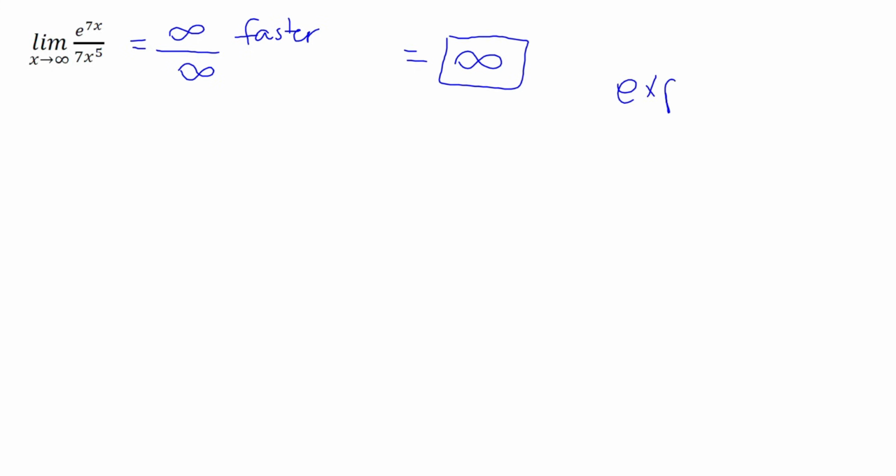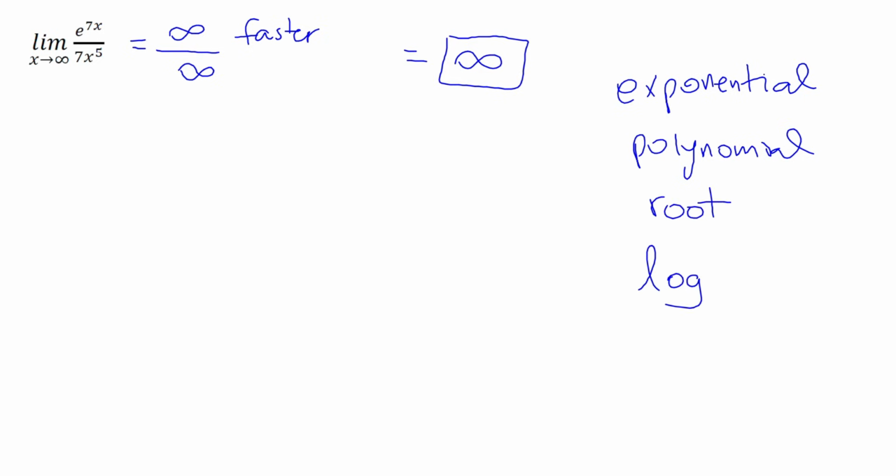Remembering that exponential functions are the fastest to infinity that we will deal with, followed then by polynomial functions, then root functions, and then logarithmic functions. So in that order, at least of the functions that we deal with for this class, that's the fastest to the slowest. So fast to slow.